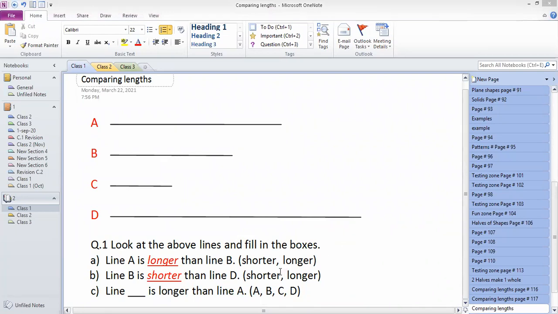D. Okay. Rashid and Rakan are saying D is longer than line A. What do you say, guys? Which line? D. Very good. You all are right. Exactly. The answer is D. So we will write here D.